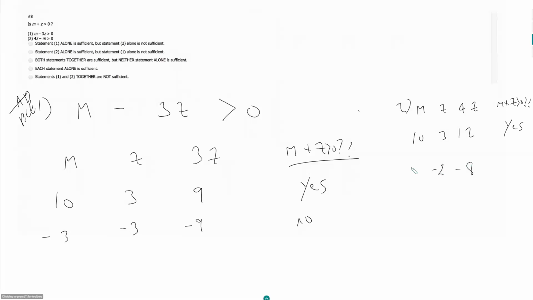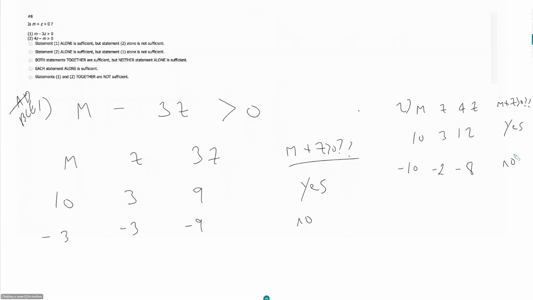And so I want to make m then equal to something like negative 10. And so 4z minus m is greater than 0. So that would be negative 8 minus negative 10, which is positive 2. So that works. m plus z would be negative 10 plus negative 2, which is negative 12, and so we have a no. That is also not greater than 0. So here we have our no.